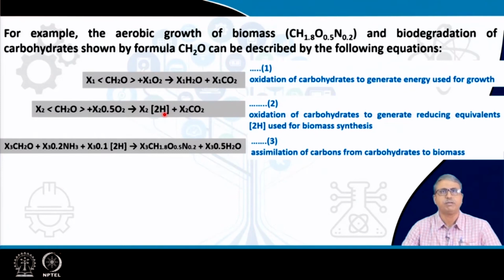The reaction 3 demonstrates the oxidation of the carbon substrate and simultaneous utilization of a reduced nitrogen compound, where both the biosynthetic reactions as well as the oxidation reduction reactions allow the cells to assimilate the carbon from the substrate, which is subjected to biodegradation, and eventually it goes to the biomass.